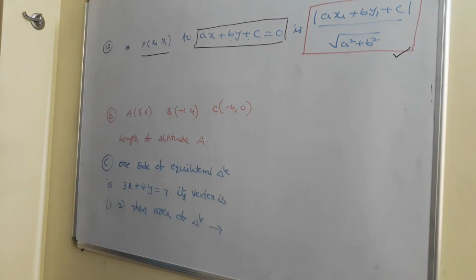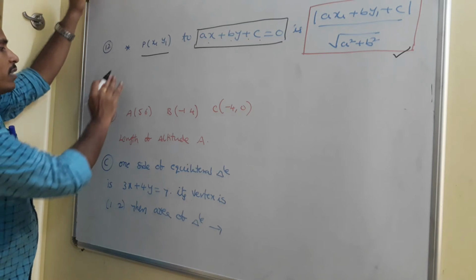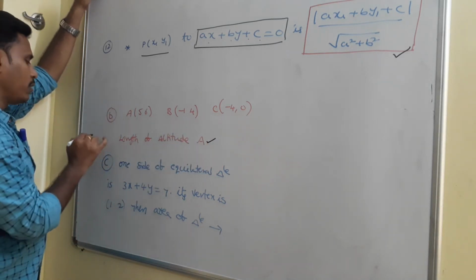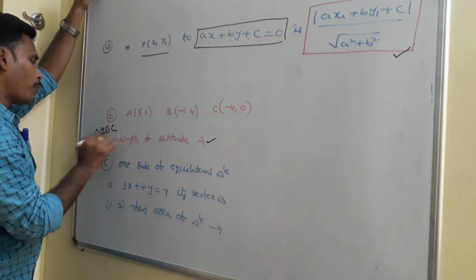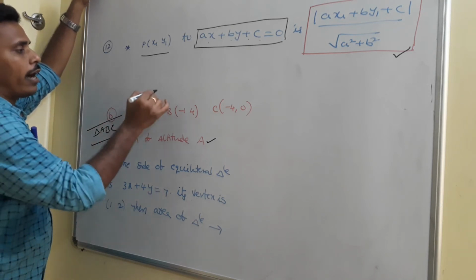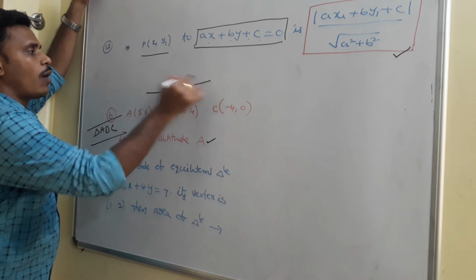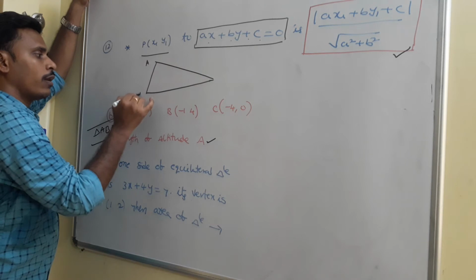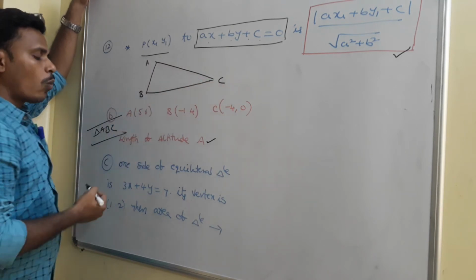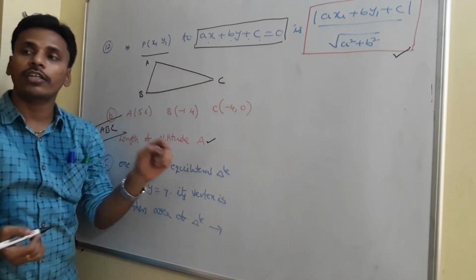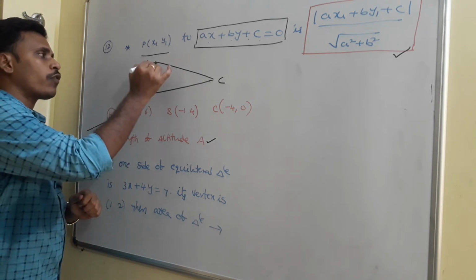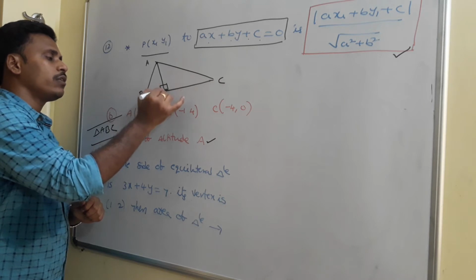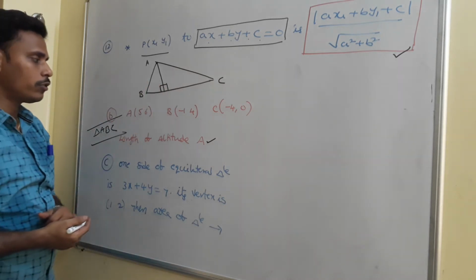The problem is related to the triangle ABC, with vertices A, B, and C. I need to find the length of the altitude through A. We already know that the length of the altitude means the perpendicular from the vertex A to the opposite side BC. That's what we call the length of the altitude.